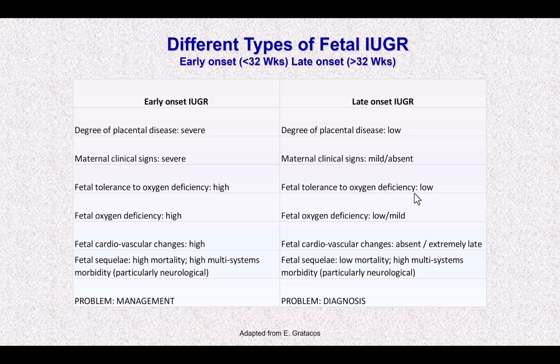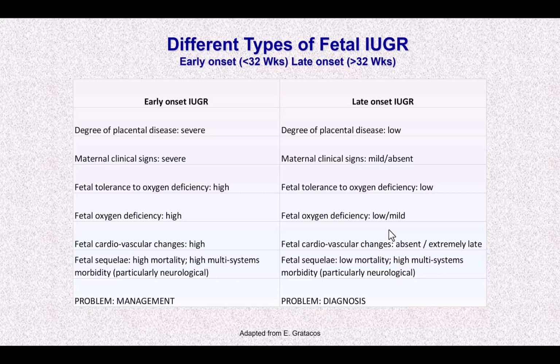And if we look at the fetal oxygen deficiency, we can see it's very high in the early onset, low or mild in the late onset. But we have to keep in mind that these fetuses are more fragile. So also a low or mild oxygen deficiency can produce sequelae.